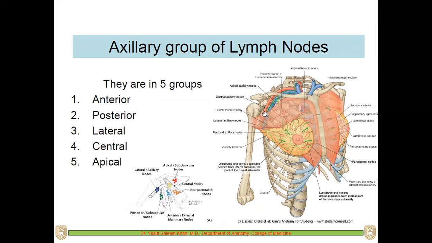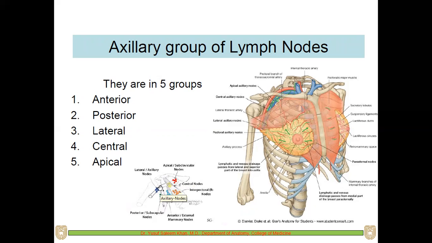The central group is in the floor, the anterior is near the pectoralis major, the posterior is behind, the lateral is on the humerus, and the medial is toward the chest wall. Deep inside, if you palpate, will be the apical group. So these are the 5 groups of lymph nodes.